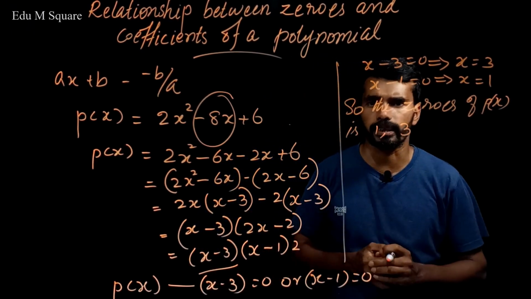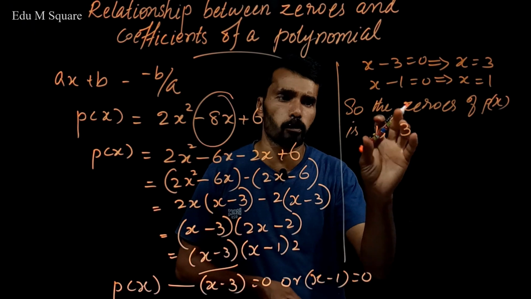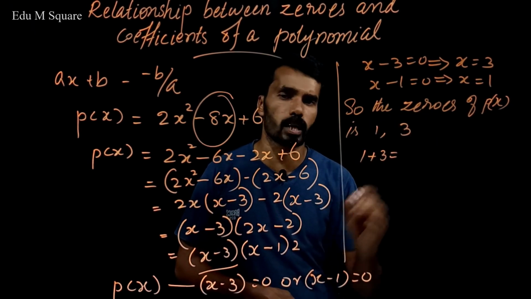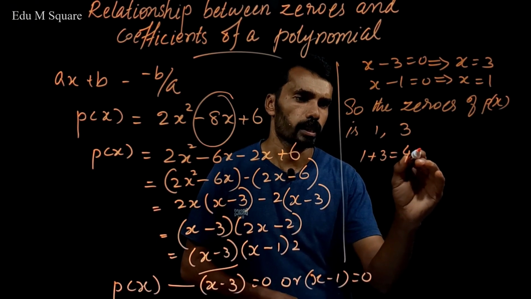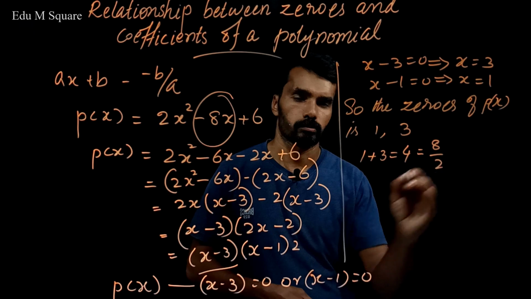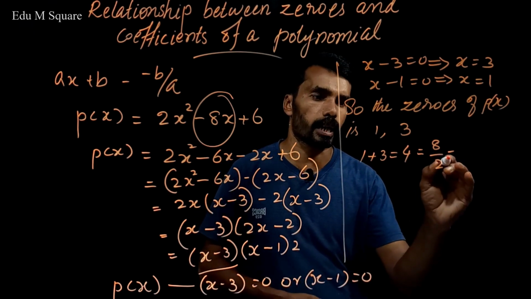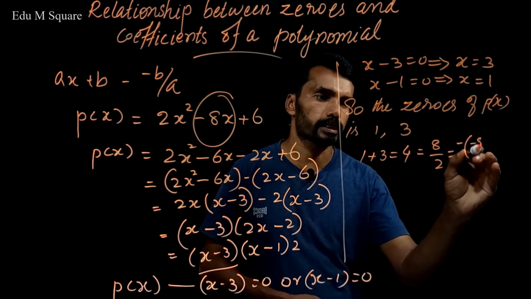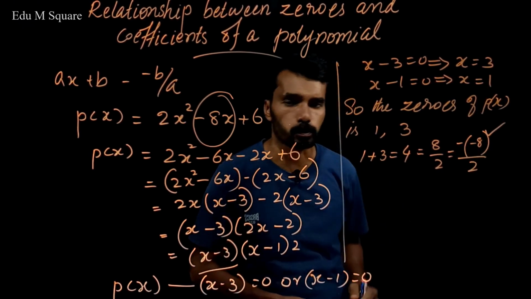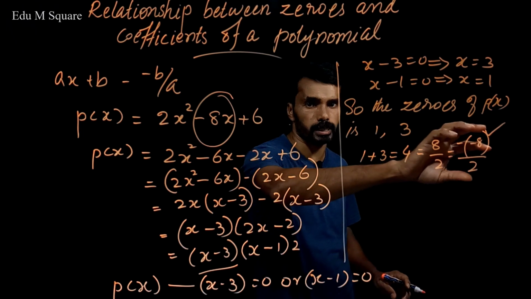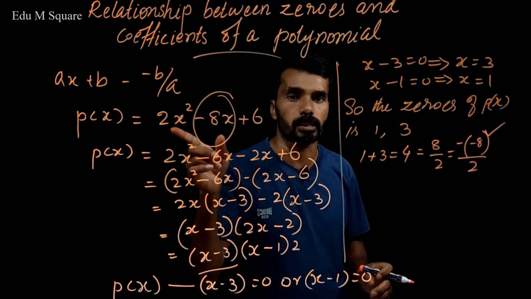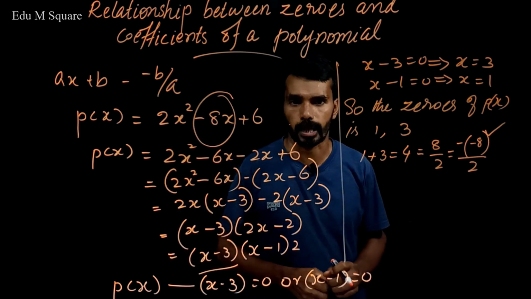Now let us find the sum of these two zeros, 1 plus 3. What is 1 plus 3? It is equal to 4. This 4 can be written as 8 by 2, or as minus of minus 8 by 2. Now what is minus 8 here? Let us compare it with the coefficients of the terms of this quadratic polynomial.